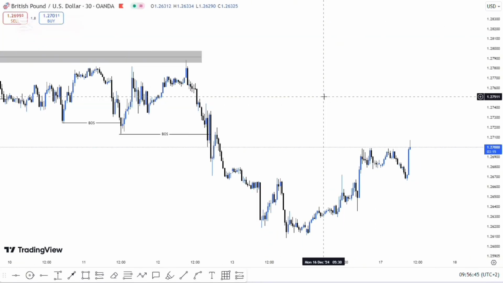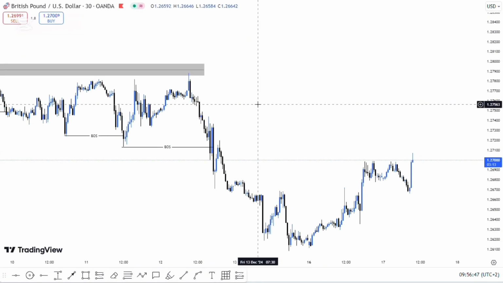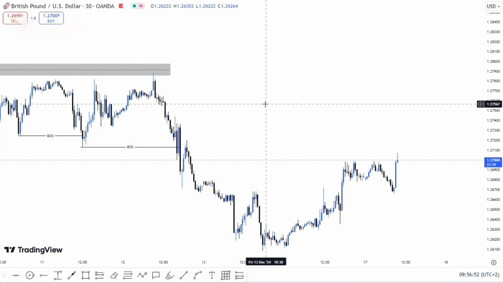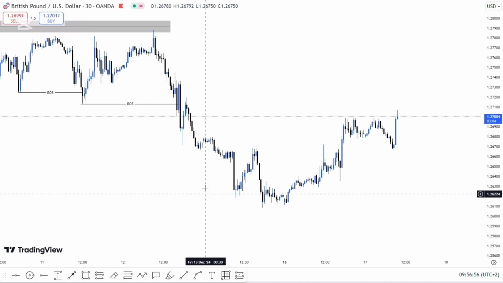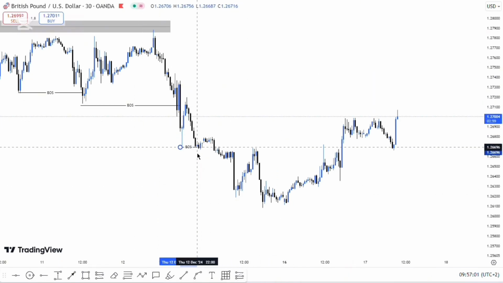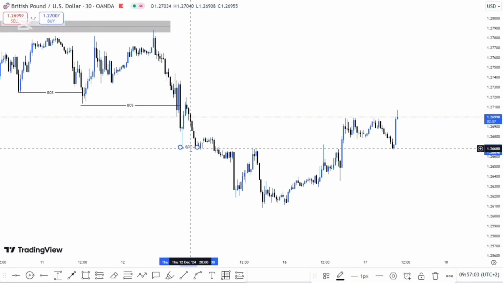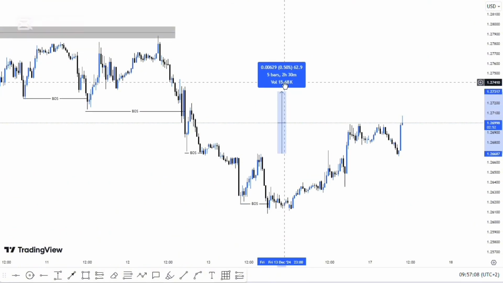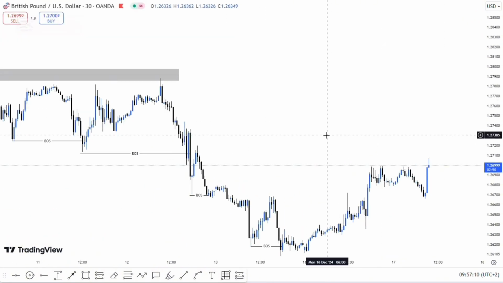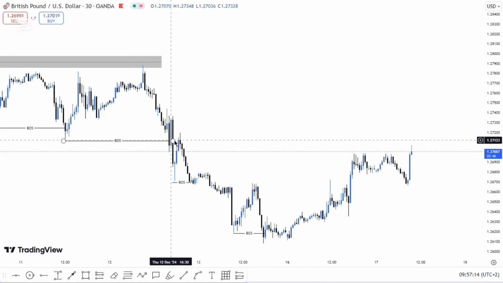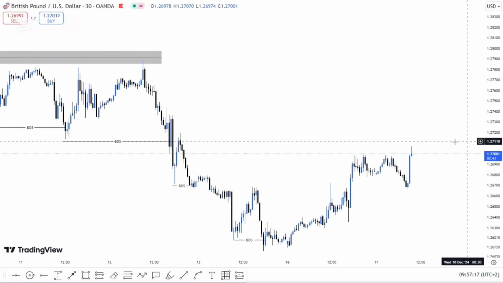So now what we're going to do to analyze, the next thing I'm going to do so that we can also catch the sells is to wait for, as you can see, when price created this order block, price gave us a new break of structure to the downside.